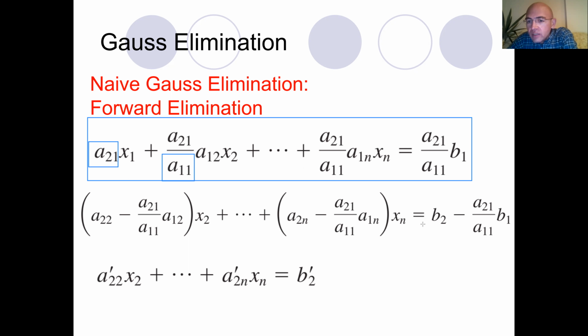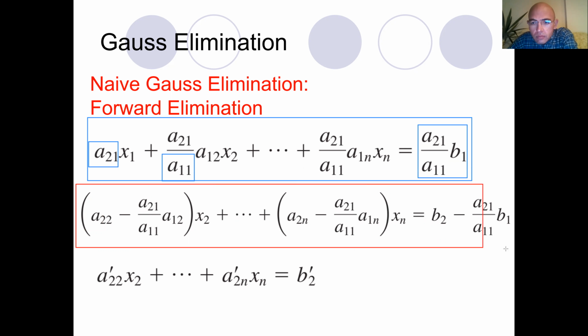Of course, the right-hand side has to be modified because this term is subtracted from b2. And the second equation becomes like this. As you see, this equation does not contain any terms with x1.